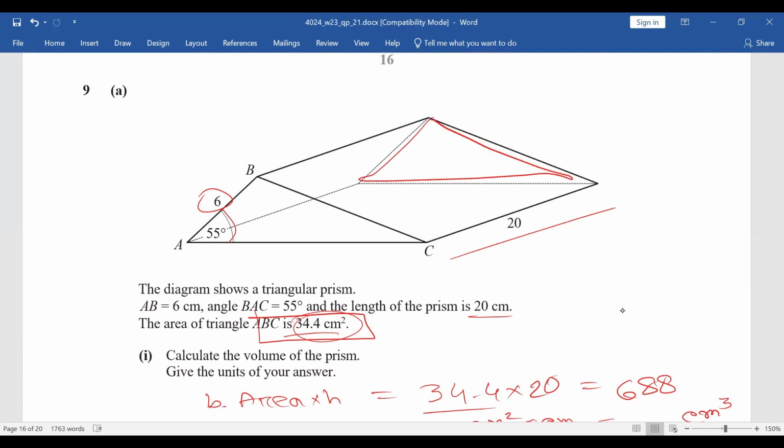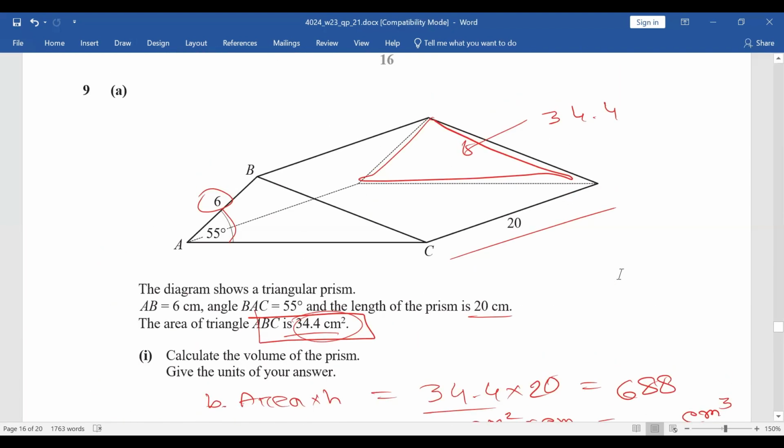The area of the ABC triangle is 34.4 and this triangle is also 34.4. So we just need to calculate the 3 remaining surfaces, which are rectangles. We know the length of AB and the length of AC, but we don't know the length of BC. So first we have to find the length of BC.